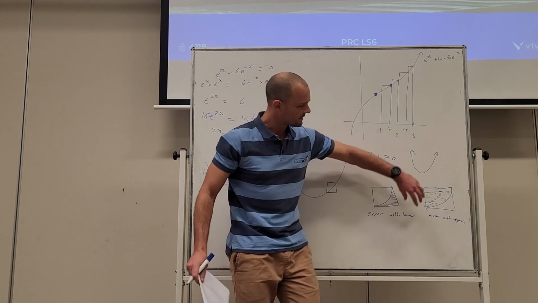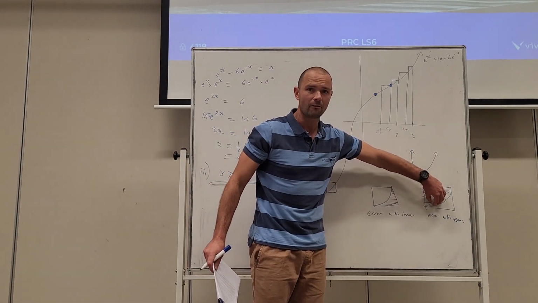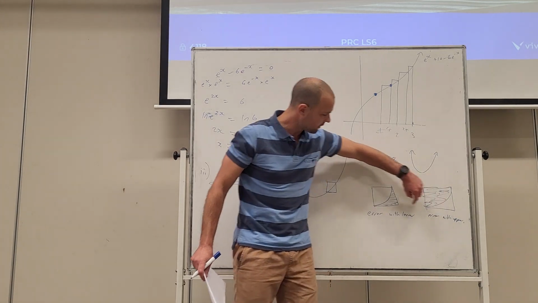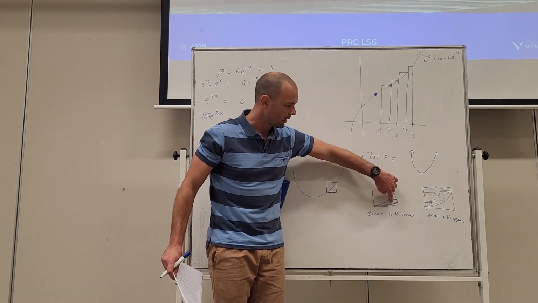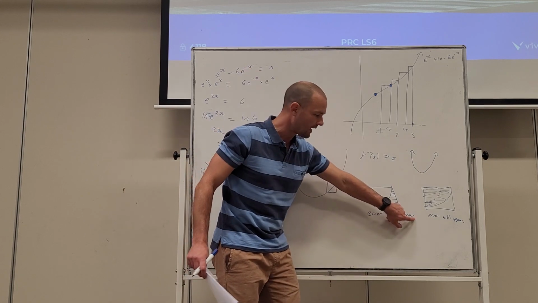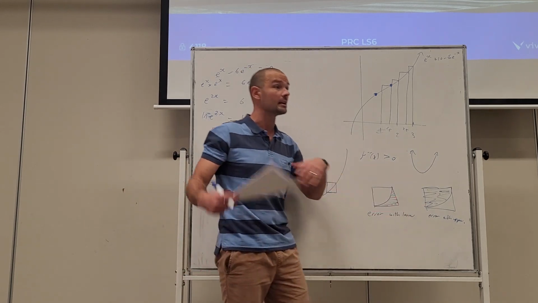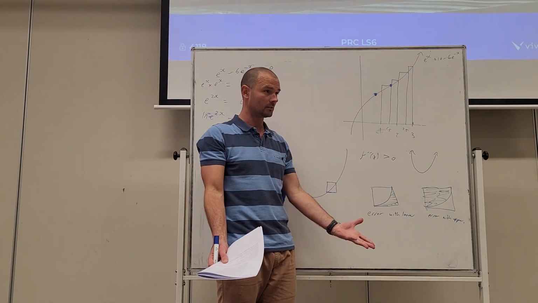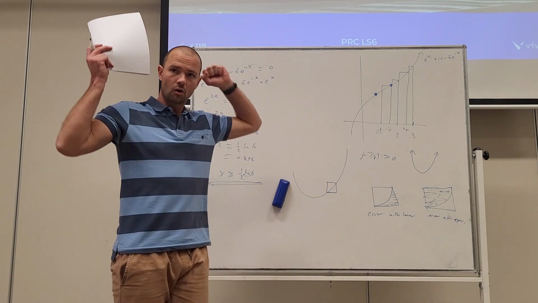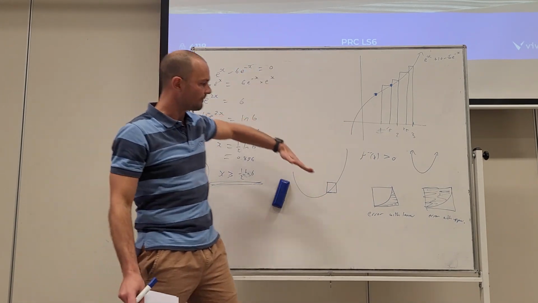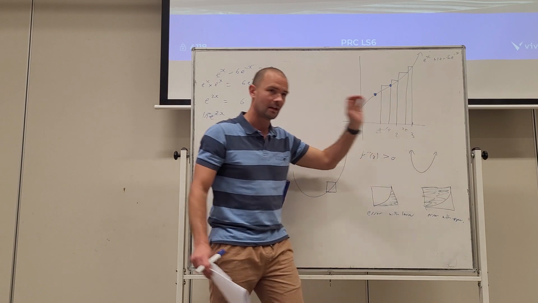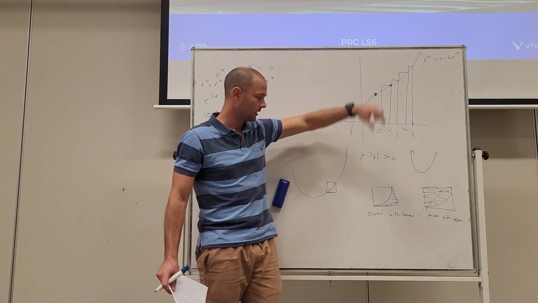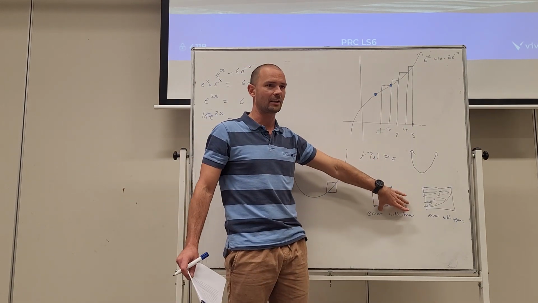There is significantly more error in this region than there is in this region, which means our lower estimate, our underestimate, is going to be more accurate. This is always going to be the case if a function is concave up. If a function is concave up, the lower estimate is more accurate.